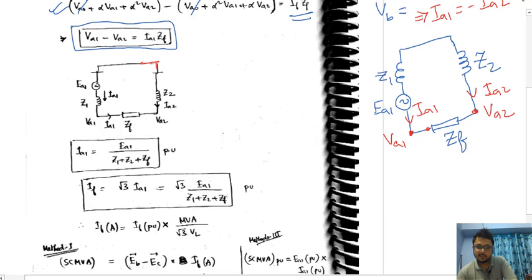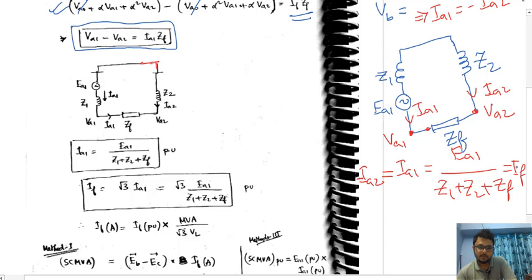IA1 I can calculate. How much is IA1? One source is there, so E divided by the total impedances: Z1 plus Z2 plus ZF. So IA1, or minus IA2, equal to IF.